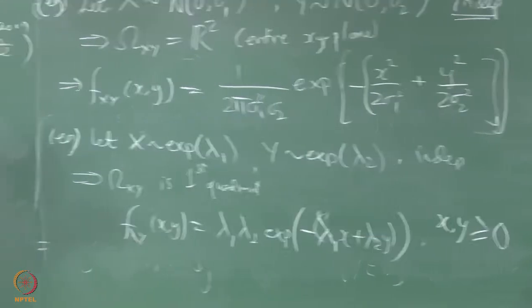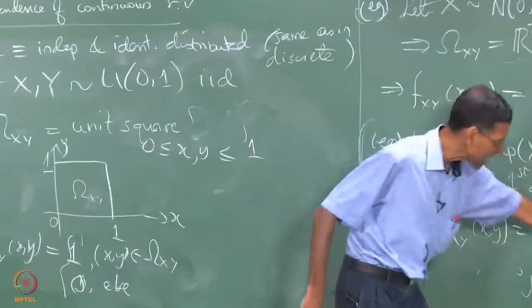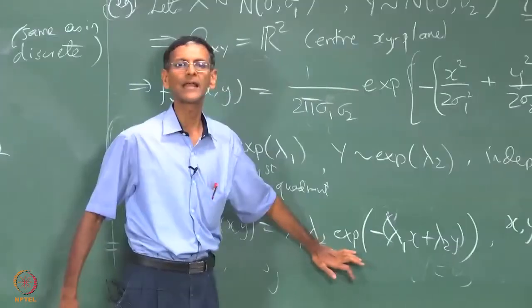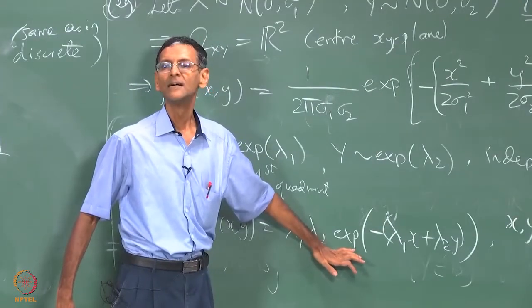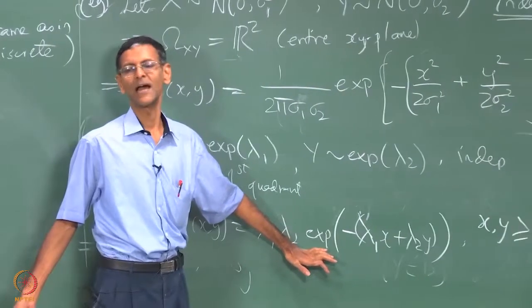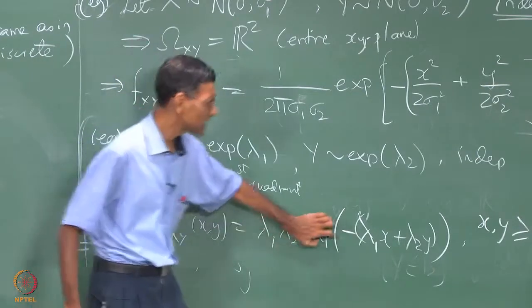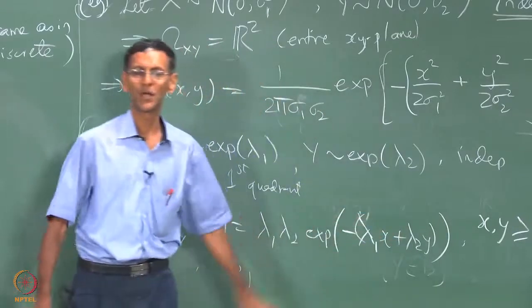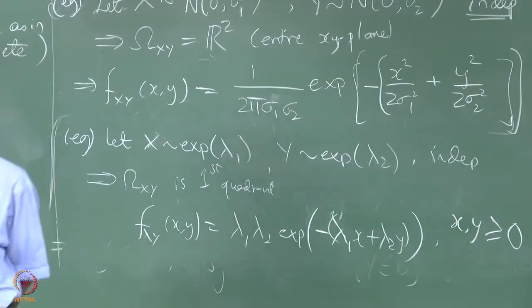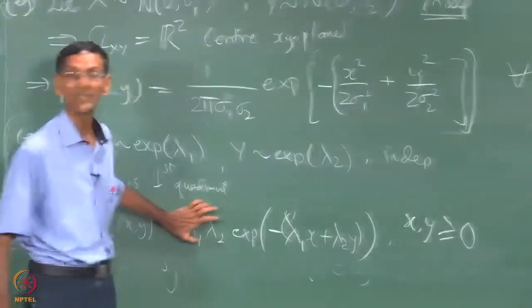So again here, by looking at this, if somebody starts off with this, you should immediately recognize this as x and y being independently exponential, because immediately you have a product. And this is going to be always a correct normalizing factor no matter what.